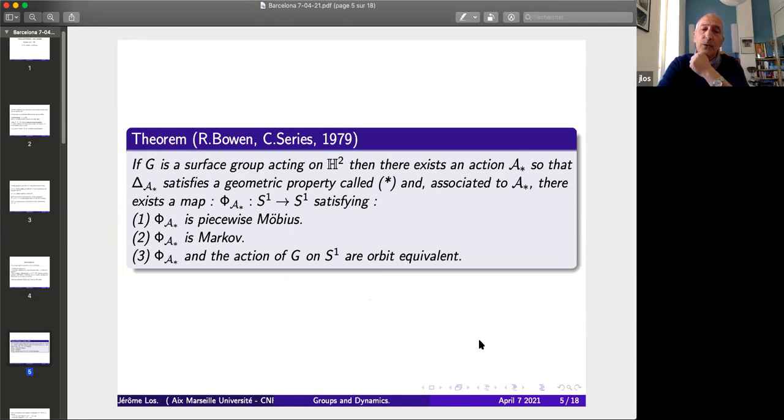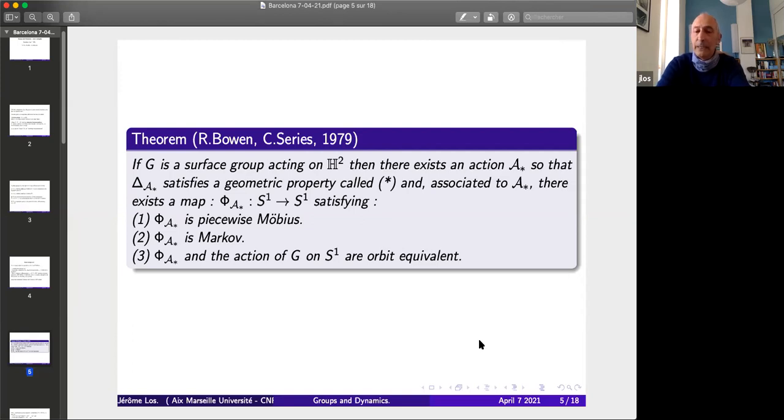They are using not only surface groups, but Fuchsian groups in general. But for surface groups, it's just one particular case. So surface group acting on H2. The theorem says that there exists a particular action called A star, and the associated fundamental domain delta A star satisfies a very special property that they call property star.